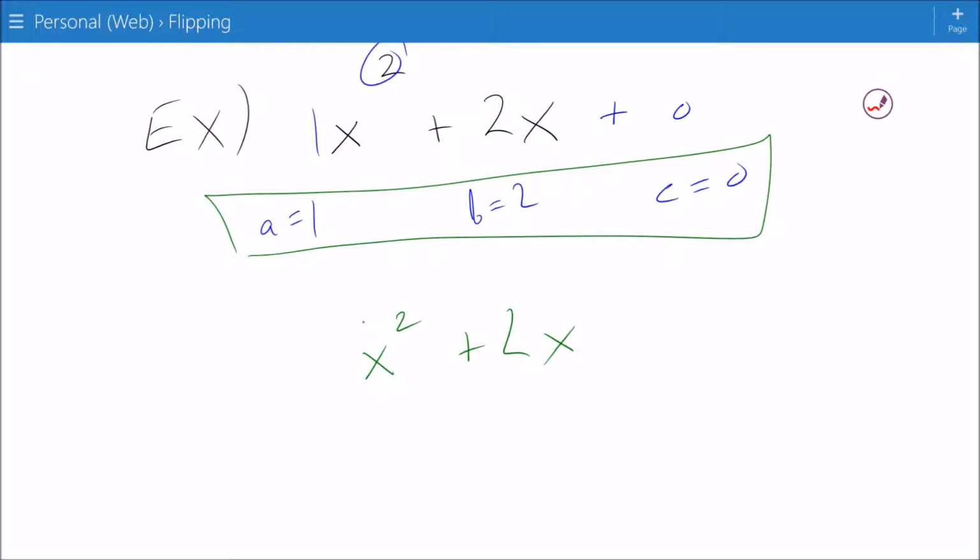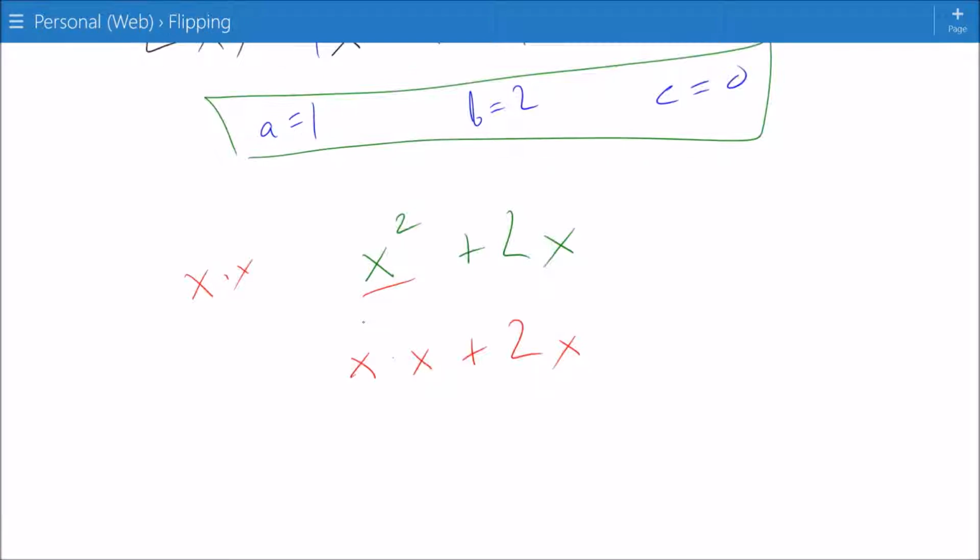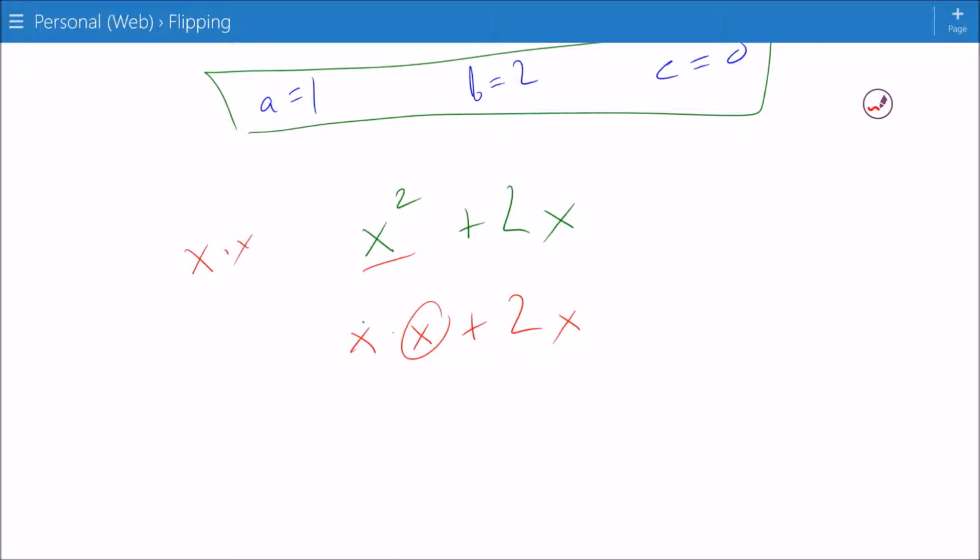But check it out. This is really just x times x. And 2 times x, well, hey, I've got x in both of these because this is really x times x plus 2 times x. So if I factor out one of the x's, this becomes x times x plus 2.